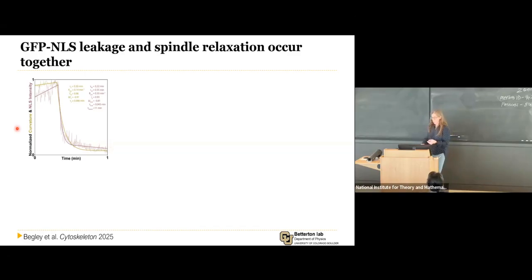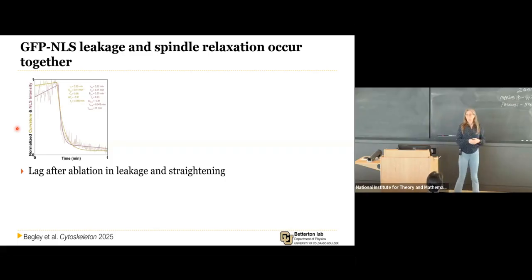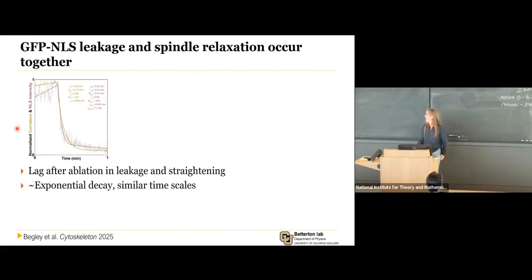And there's two things that I want you to notice about this. First, t equals 0 here is always when ablation happens. At the beginning, not much happens. There's a little bit of a lag, for maybe 20 seconds or something, right? And then these two things decrease similarly.